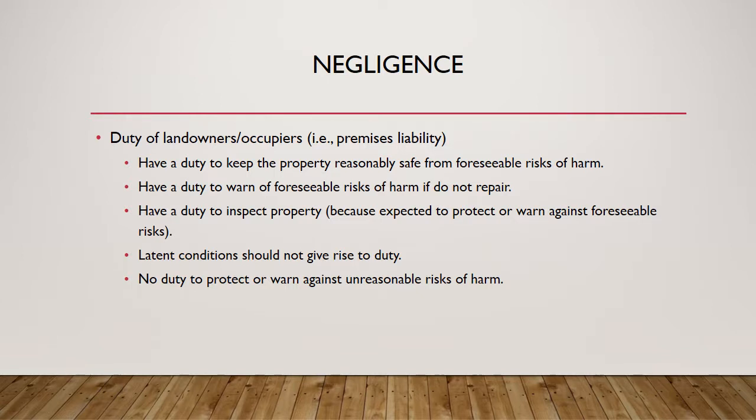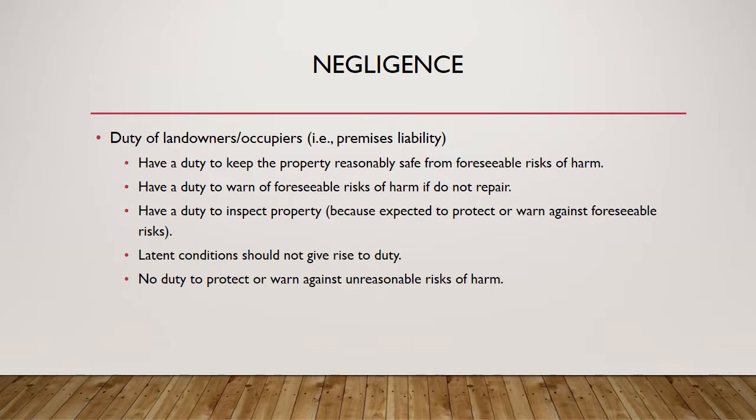Well, sometimes those curbs will be painted yellow, and that's where they're protecting against a foreseeable risk, because it's foreseeable that a person could come walking, not be paying attention, and not realize the change in elevation between the parking lot and the sidewalk, hit it and fall. So they've put that yellow line there to help draw attention and warn that, hey, there's an elevation change here. You need to step up onto the sidewalk.